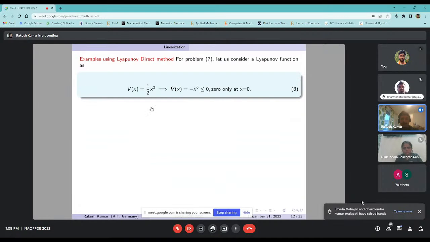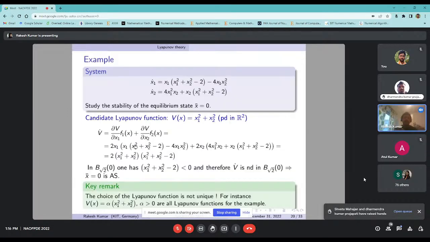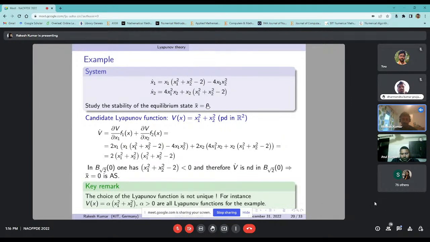So if we take the Lyapunov function at x equal to 0, in the case of a equal to 0, you design a Lyapunov function like this, and if your derivative is not negative in every neighborhood, it does not mean that this equilibrium point is not stable.